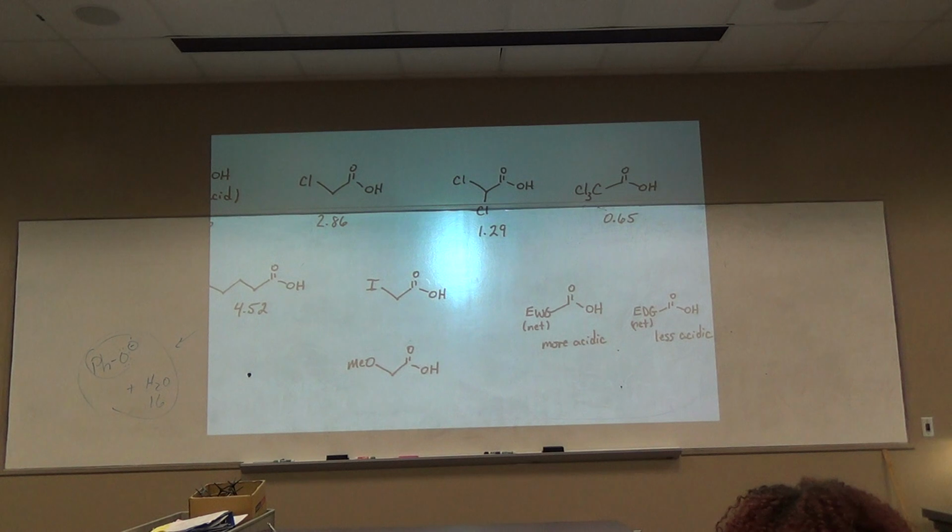Why less acidic? Well, because the lone pairs could be donated to stabilize a resonance, perhaps. Explain how. I just think it'd be less likely to form an anion because of the lone pairs on the methoxide.